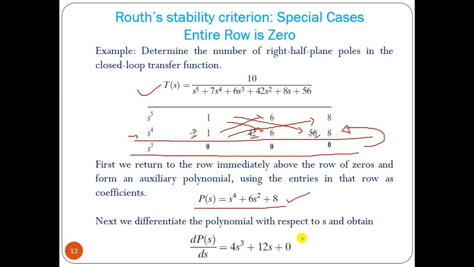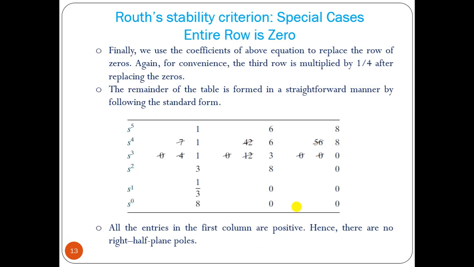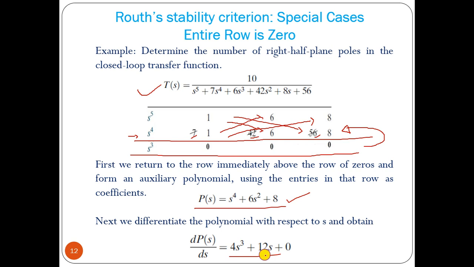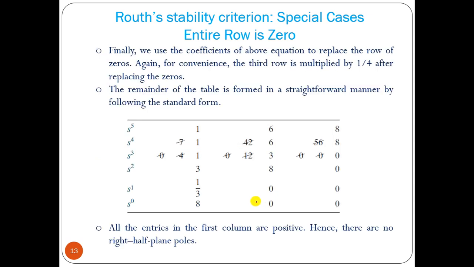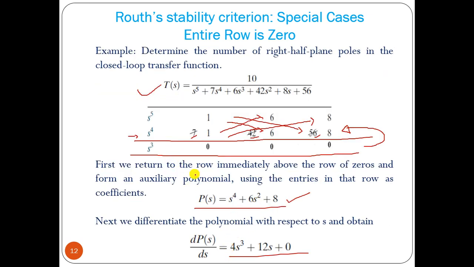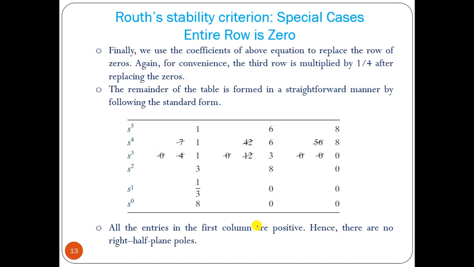Now whatever the coefficients of this dP(s)/ds are, we have to put them in the entire row of 0, the row in which all values are equal to 0. Here we put these two coefficients, 4 and 12. So it was 0 in this s^3 row.